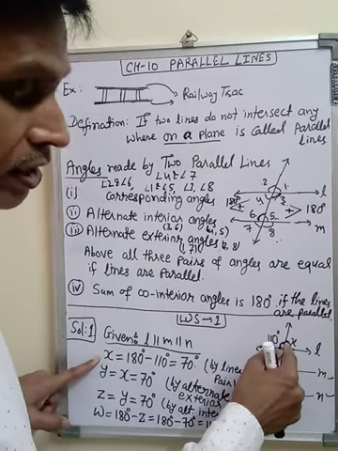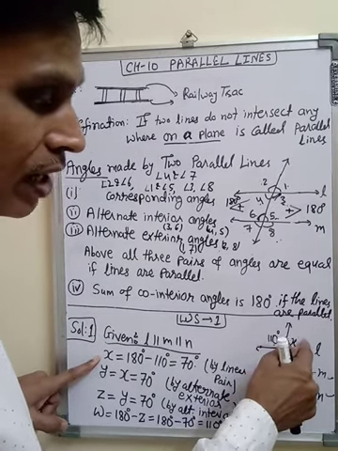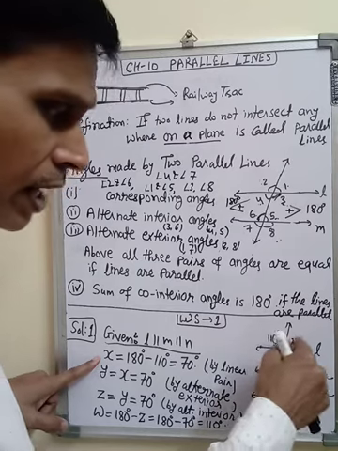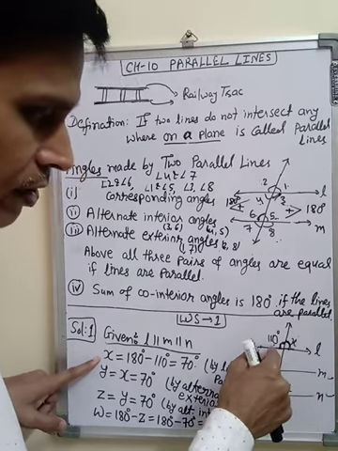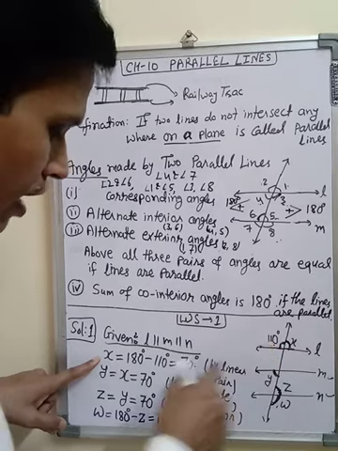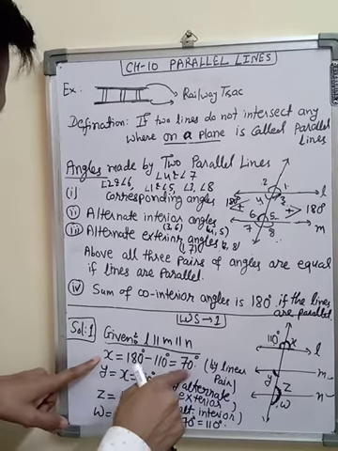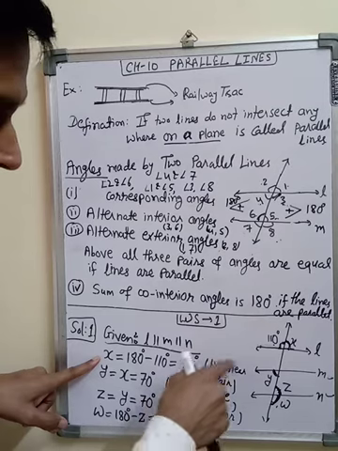You learnt this in class 6. By linear pair, because the total is 180 degrees. 180 minus 110 is 70 degrees. So this is by linear pair.